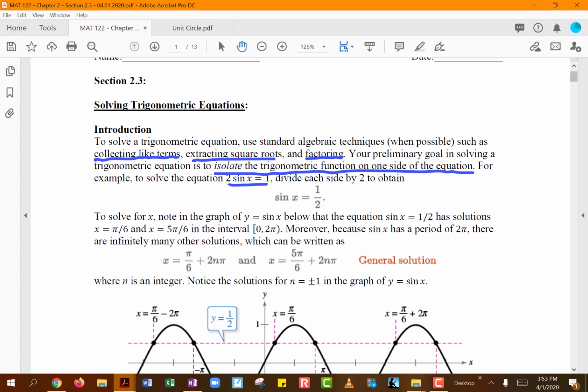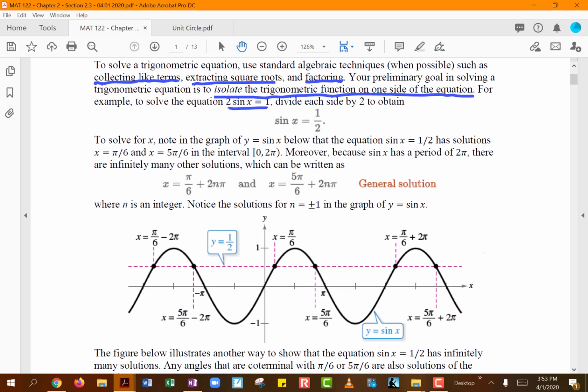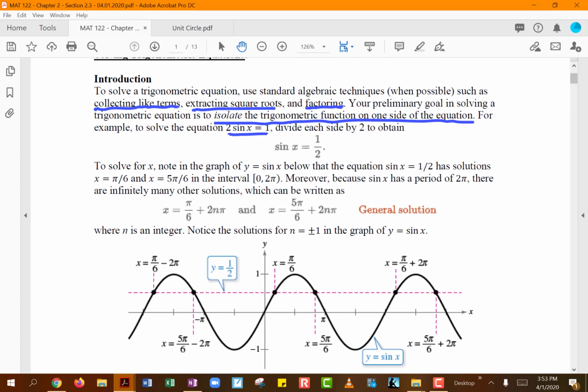So they're actually using the graph of our sine x function over here, and this little pink dotted line that you are seeing is the line y equals 1/2.